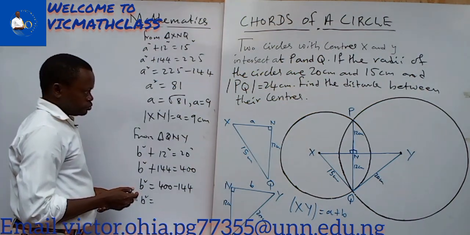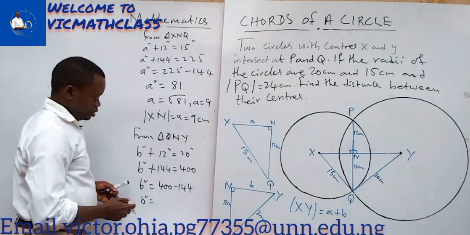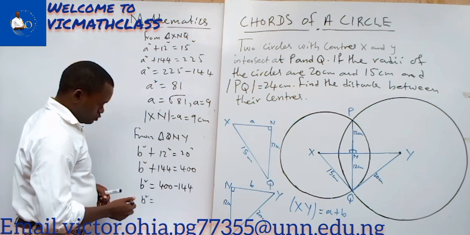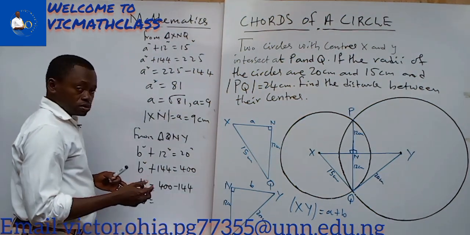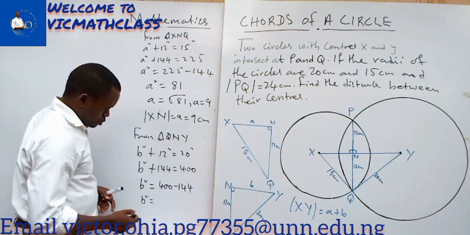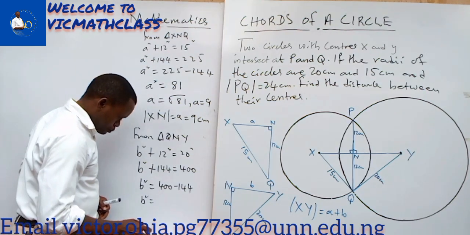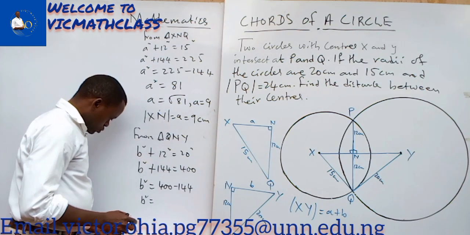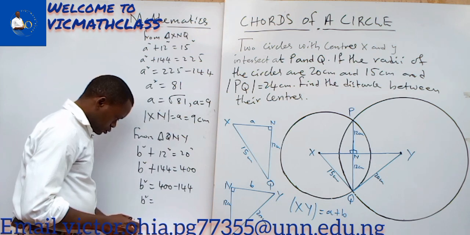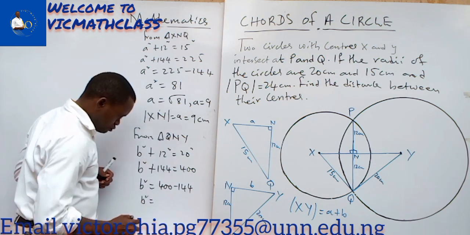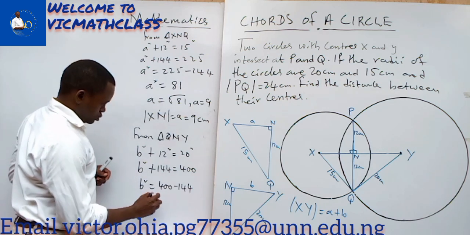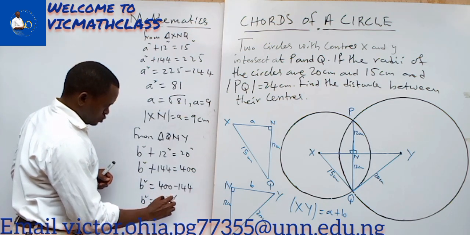Just take your time and understand whatever I am doing here. You can watch it over and over again. We are trying to make sure that we don't use excess time. 400 minus 144 will give me 256.